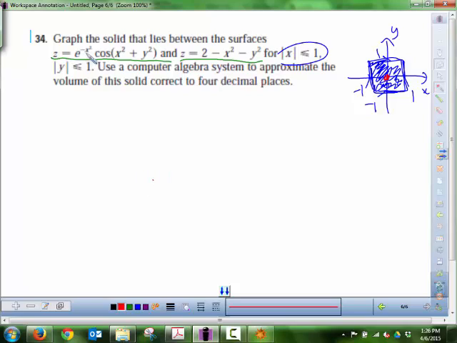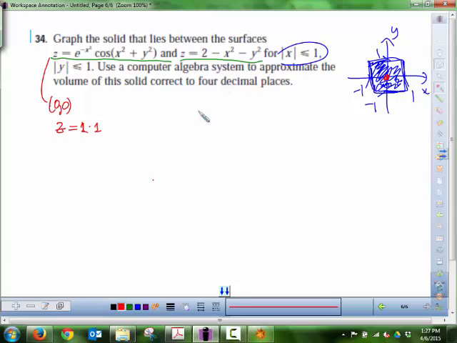If I put 0 for x and 0 for y into the first z, I'm going to have 1, since cosine of 0 is 1, so it's 1 times 1. I'm going to get 1.